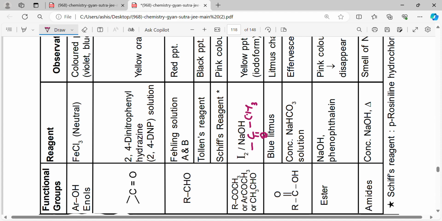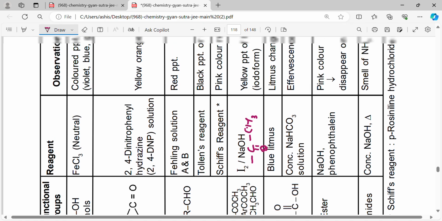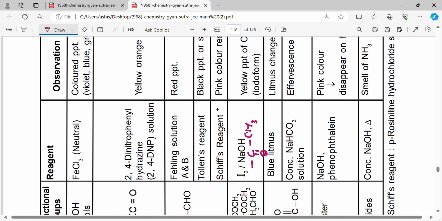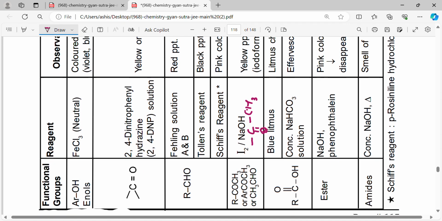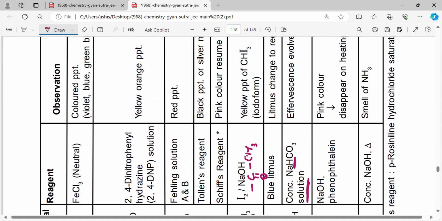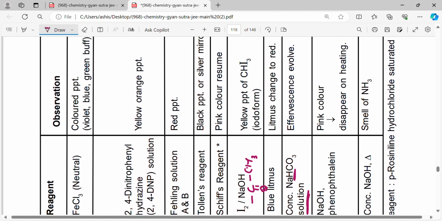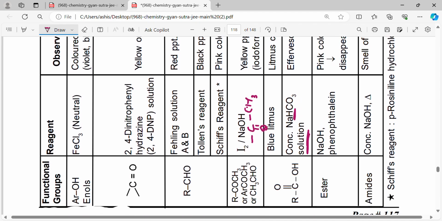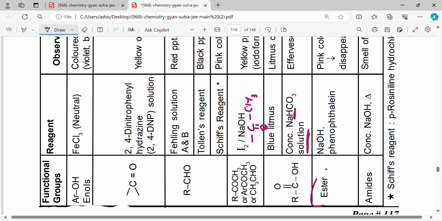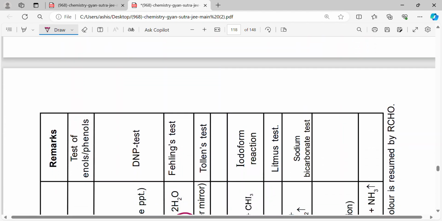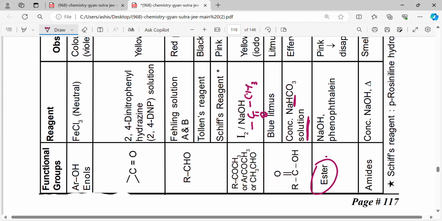Then carboxylic acid, how can you identify the carboxylic acid? By litmus: blue litmus will turn into red litmus. Then concentrated NaHCO3 solution. You have to remember, when concentrated NaHCO3 solution reacts with carboxylic acid, effervescence due to production of CO2 will occur. Ester, how can you identify ester?